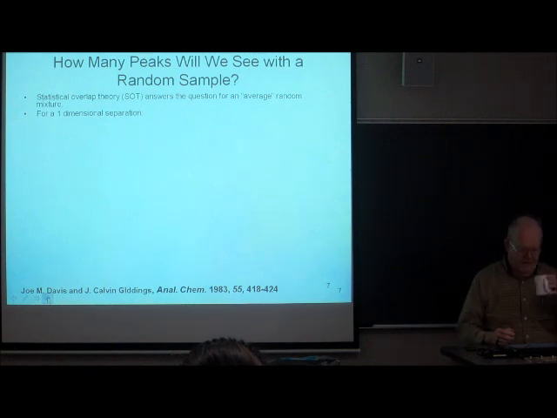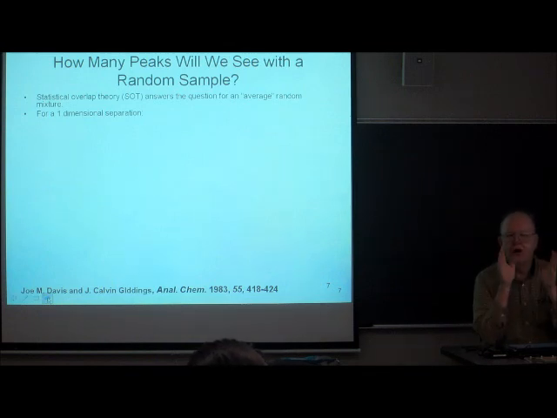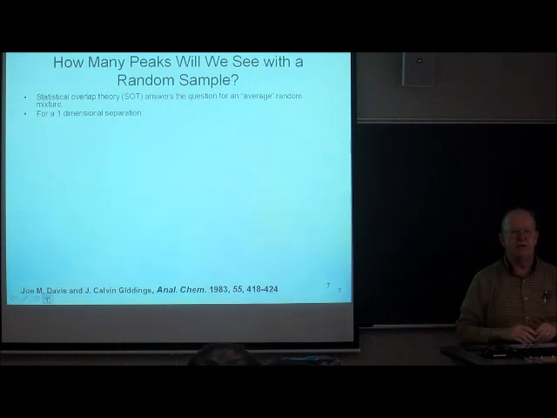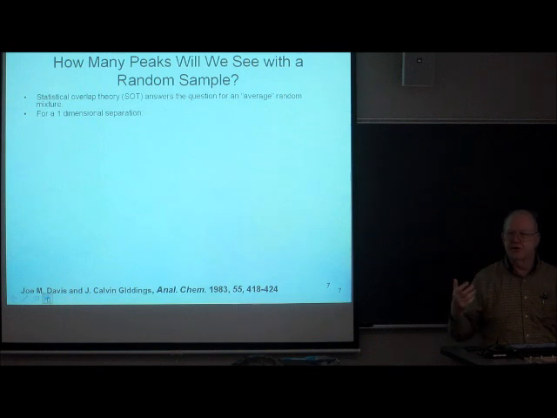Now, because the positions are random, you can only talk about the number of peaks that you will see on average. So we're talking about the average of an ensemble of a large number of these types of statistical calculations.